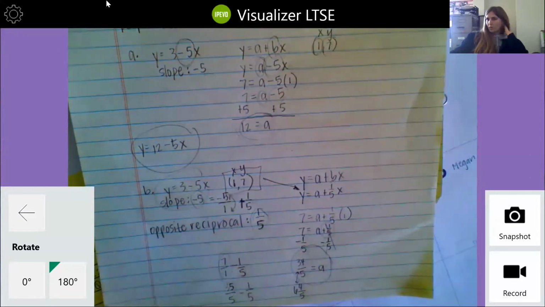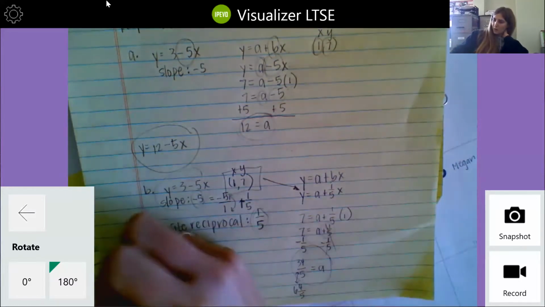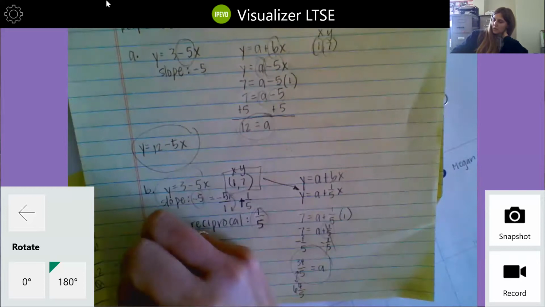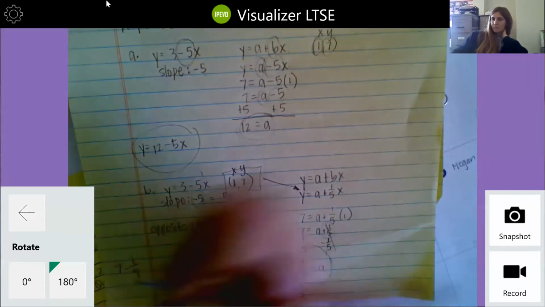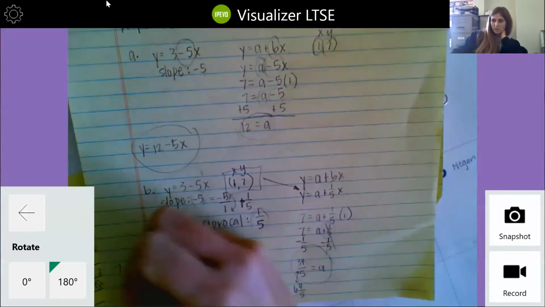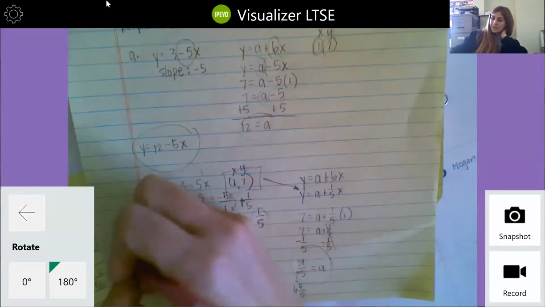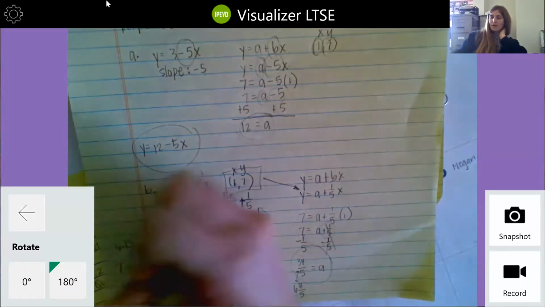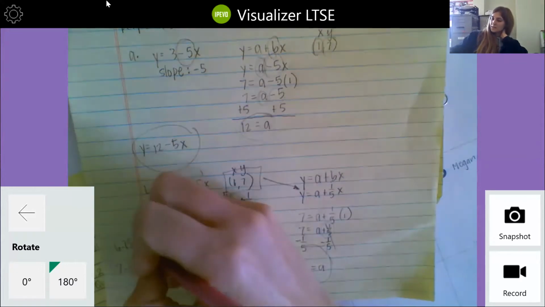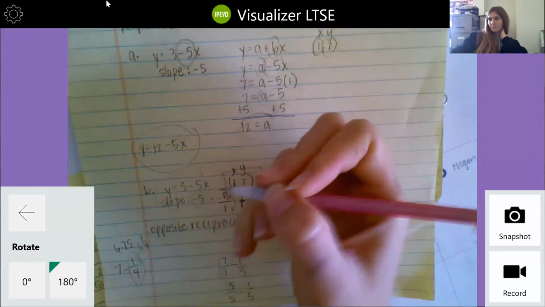Just bear with me for a second. If you had $7 and I took away a quarter from you, you'd be left with 6.75, which is 6 3/4.